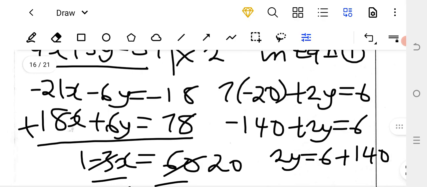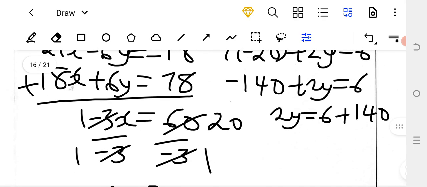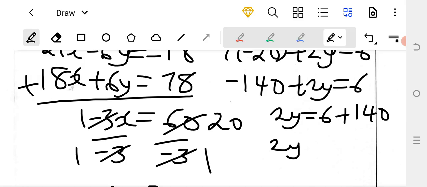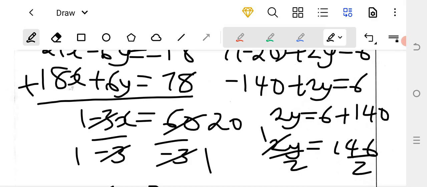So 6 plus 140, like that. 2y is equal to 146. You divide by 2, you divide by 2. 2 can go into itself a 1, 2 can go into itself a 1.